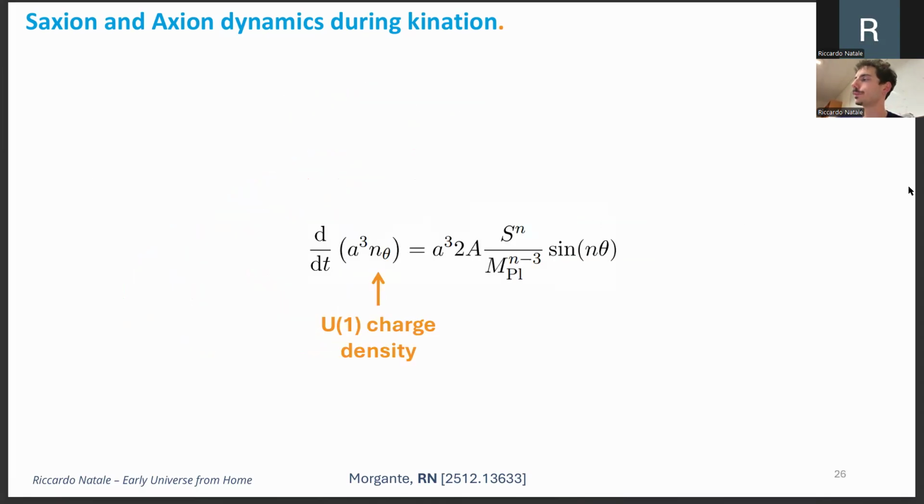So indeed, we can also regard the equation of motion of the axion as an equation for the conservation of the U(1) charge. And indeed, if there is the presence of higher order operators breaking the U(1) symmetry, we see appearing this term on the right-hand side of this equation, which means that these higher order operators indeed produce a U(1) charge.